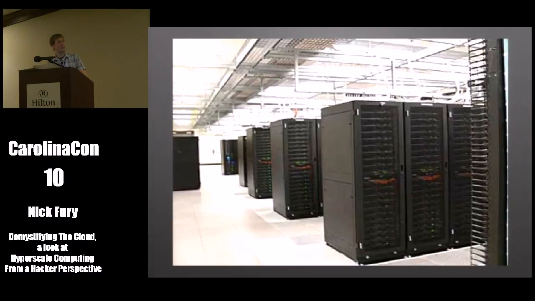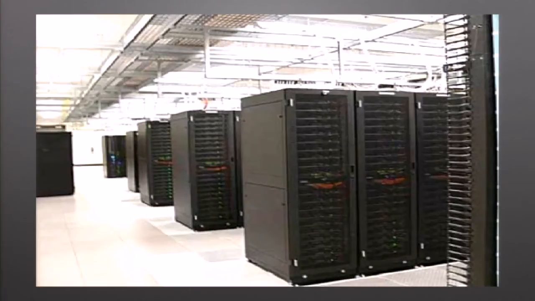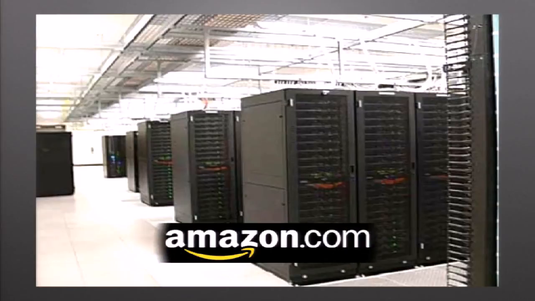So yeah, that leads me to these guys. Anybody? And this is blurry as hell. And if you can't tell, Amazon. The reason it's blurry as hell is because finding out anything about what these guys are doing has been extraordinarily difficult. Everybody thinks Apple's really good at keeping secrets.